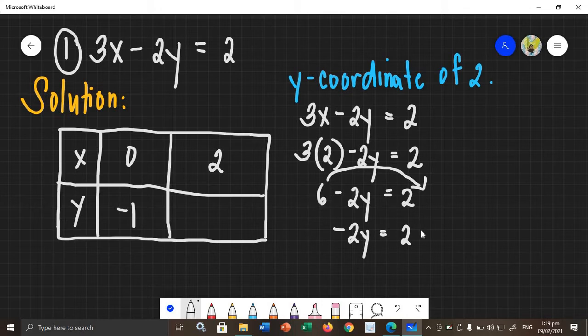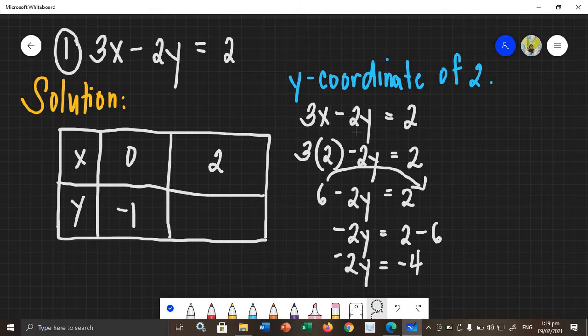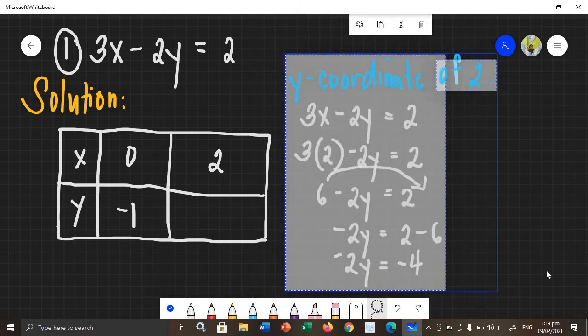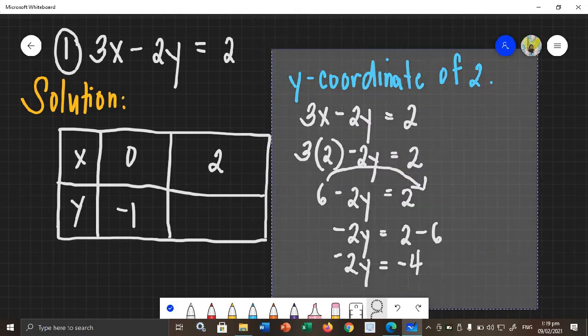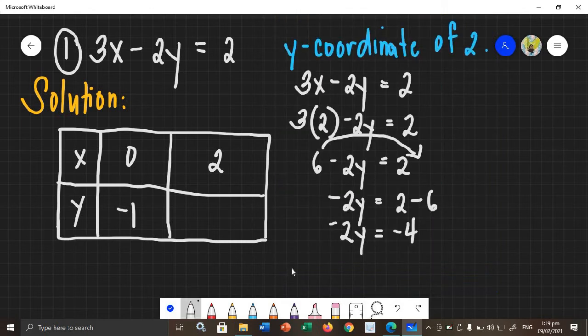Positive 6 will become negative 6. So, it will be 2 minus 6. Okay? And then, negative 2y, solve natin yung right side na equation. 2 minus 6 is equal to negative 4. Okay? And then, for you to find the value of y, of course, you need to get rid of the coefficient. So, you need to divide both sides by negative 2.